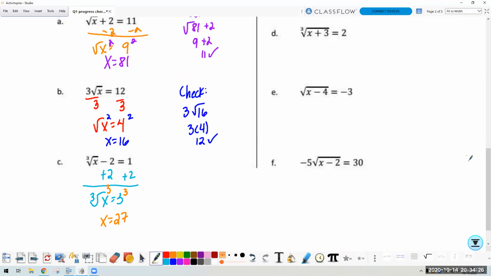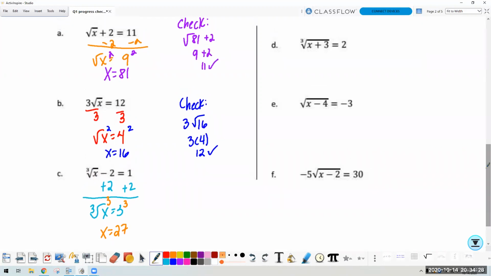So that's one last step for a cube root problem. I can cube both sides here. Subtract 3. I get x is 5. Again, it's the cube root, I don't have to check my answer.